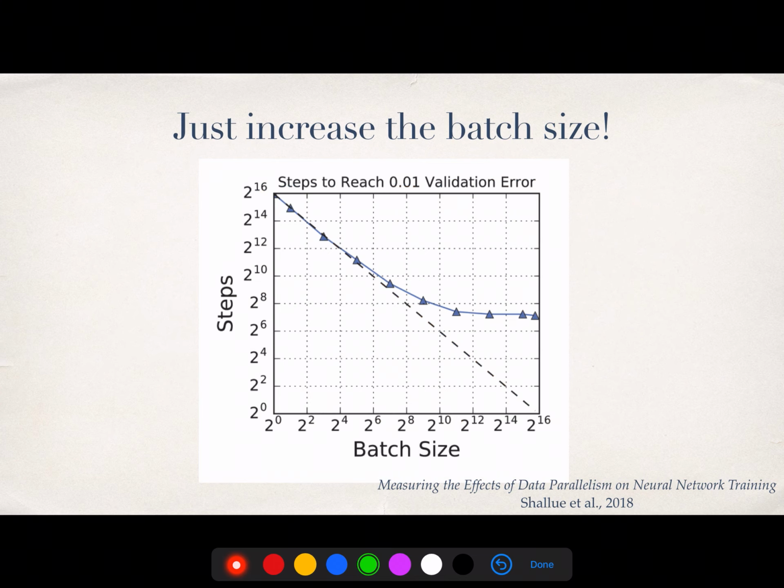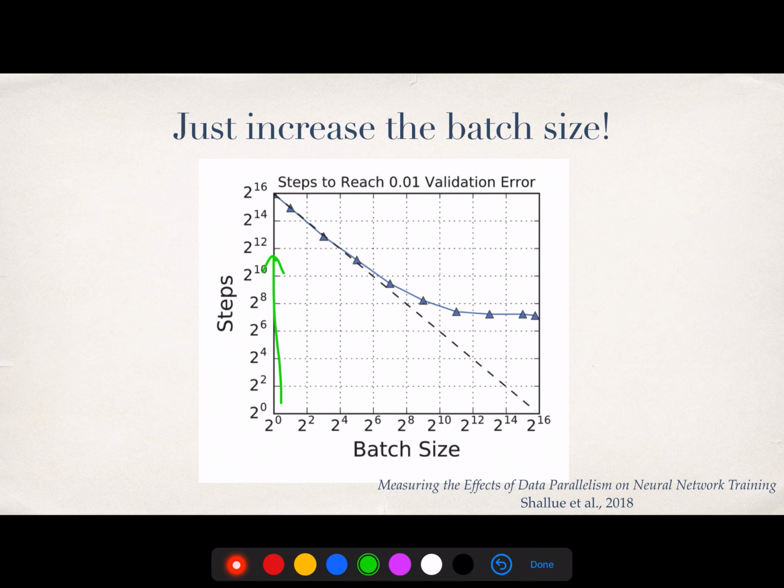But now you can ask, is this true even if you increase the batch size even more? So what you have here is a double logarithmic plot of the batch size I use compared to the number of steps I need to reach my target accuracy. This is just validation accuracy. I want to reach, say, 99% accuracy.